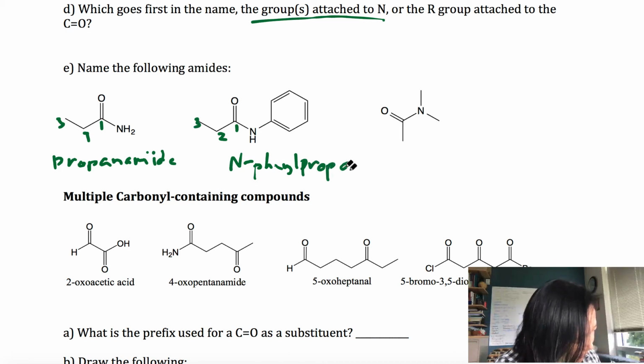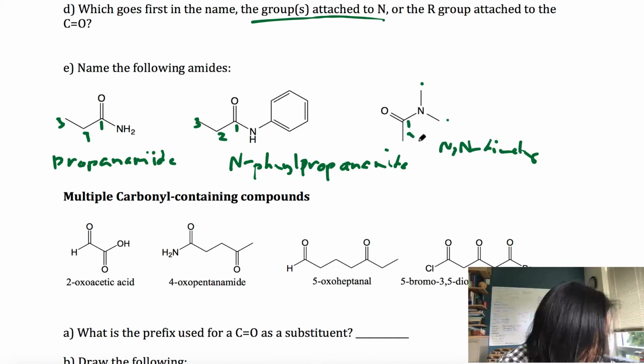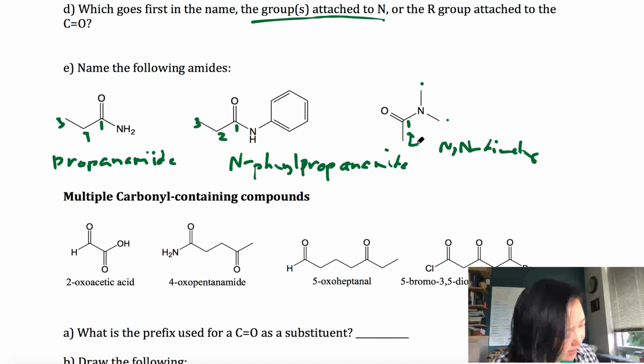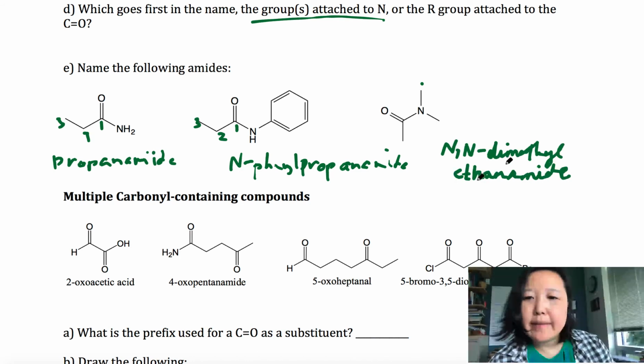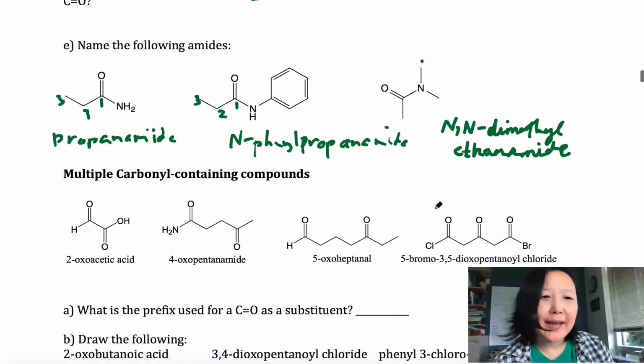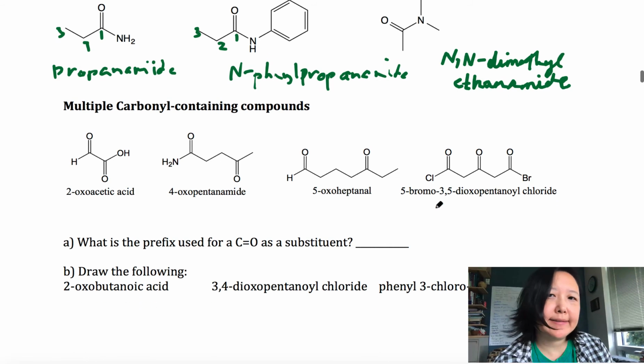And then here, this is a methyl and a methyl, so N,N-dimethyl, and then this is either acetamide or ethanamide. And then N,N-dimethyl ethanamide. Okay, all right.